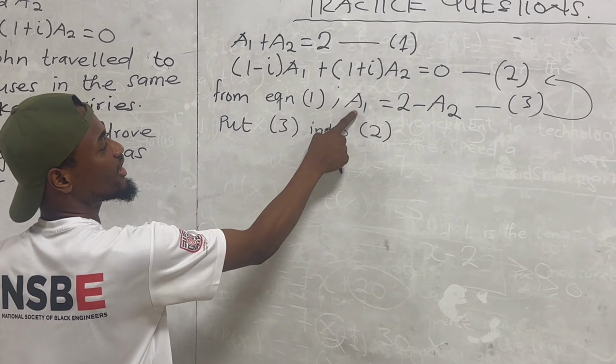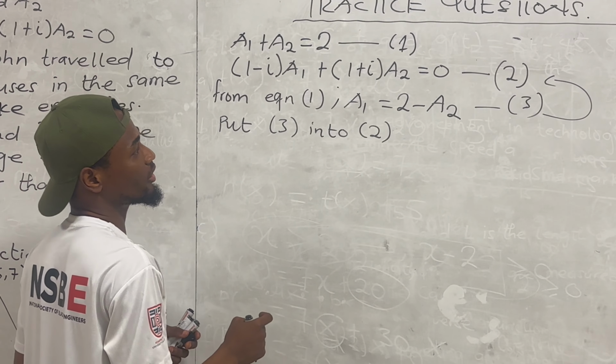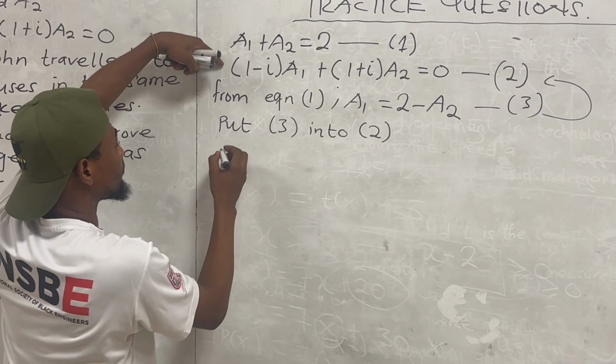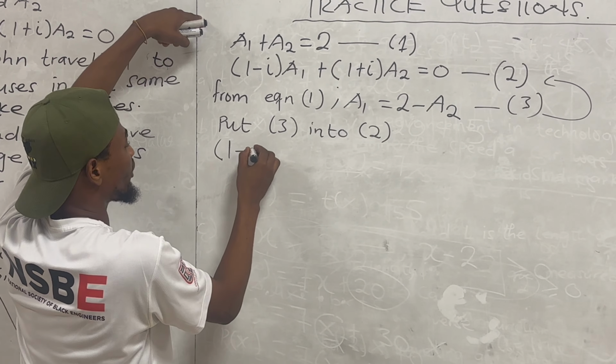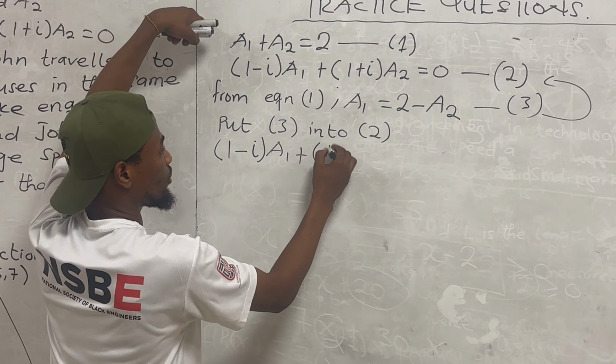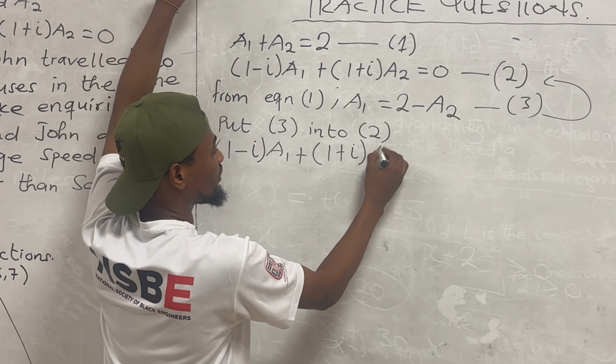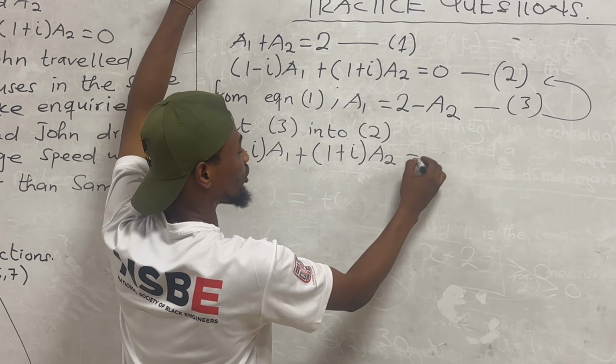So whenever I see A1 takes this form, I have 1 minus I multiplying A1 plus 1 plus I times A2 is equal to 0.